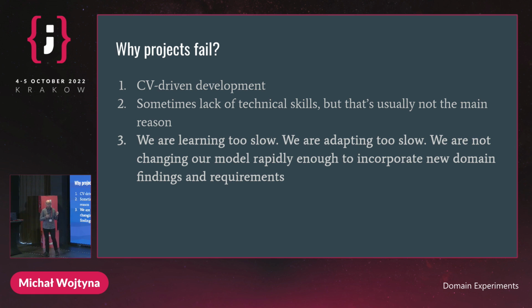Because we are learning too slow, yeah? We are not adapting fast enough to the changes, to the requirements, to the market changes, to the business changes, to new features, yeah? That kind of stuff. And we are simply not fast enough with next iterations of our domain models, and we are not incorporating new domain findings into the code.